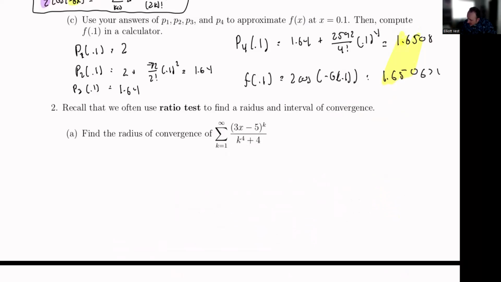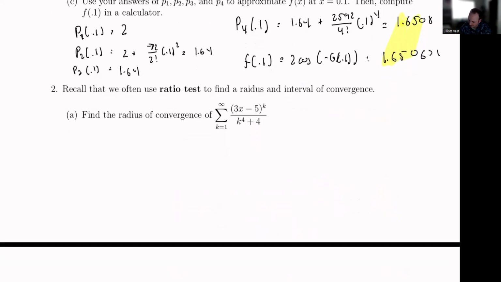Okay. Recall we often use ratio tests to find the interval of convergence. Find the interval of convergence of this. Well, ratio test. How do we do ratio tests?